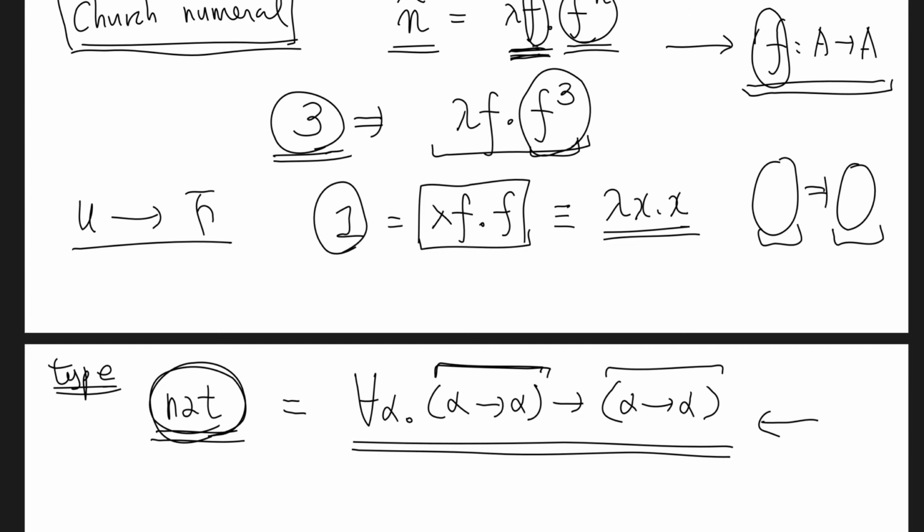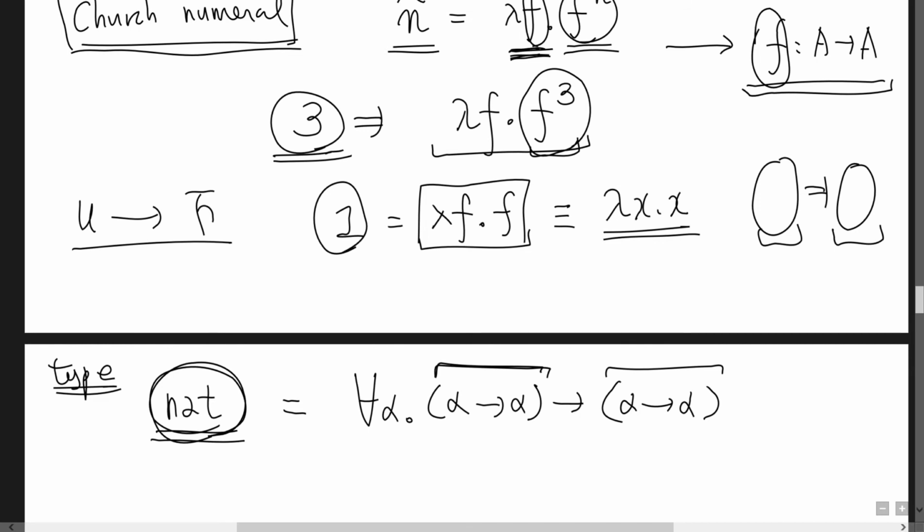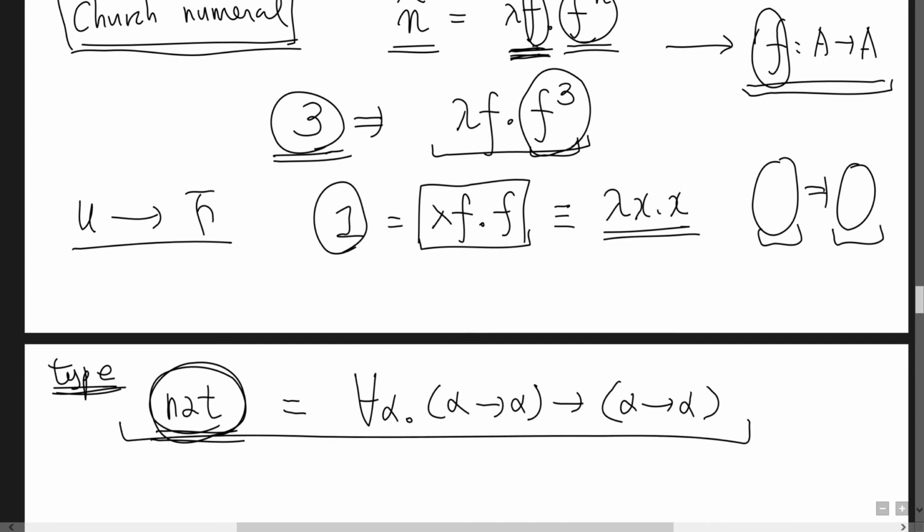So this is a very important thing about polymorphic types. This is the only meaningful interpretation of this type, and there's no other meaningful interpretation other than this one. So now we can express the idea of Church numerals with this type, which is a huge advance over the encoding in untyped lambda calculus, where everything was uncertain.